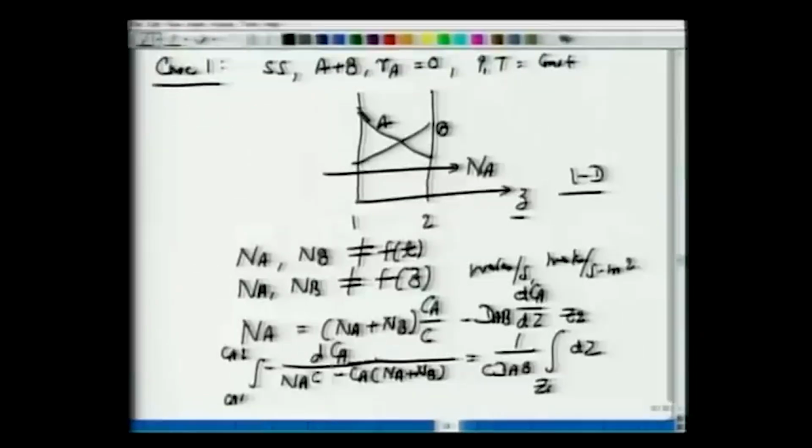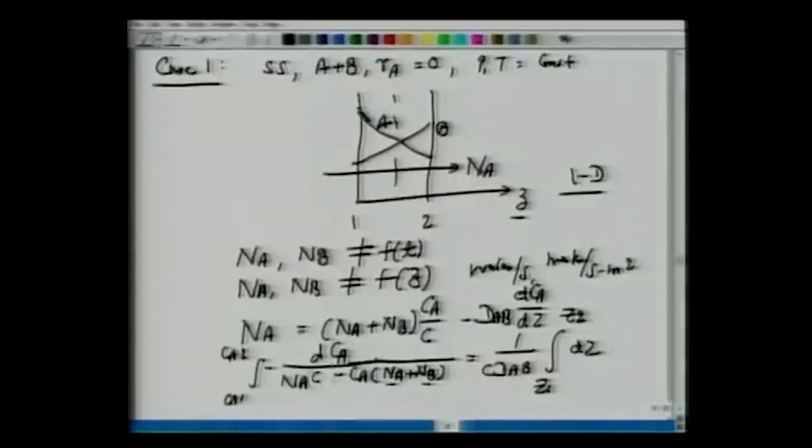Now we can integrate, since C is a constant, NA and NB diffusion fluxes are also constant because of the steady state, and as we are assuming there is no reaction, the molar flux is also constant at any plane between 1 and 2.